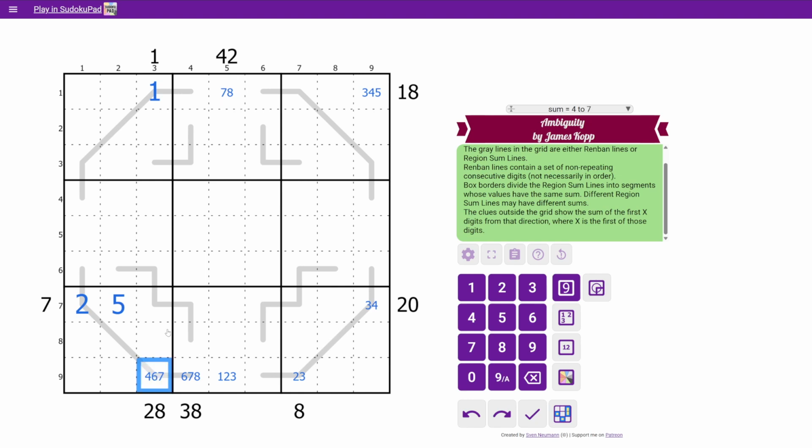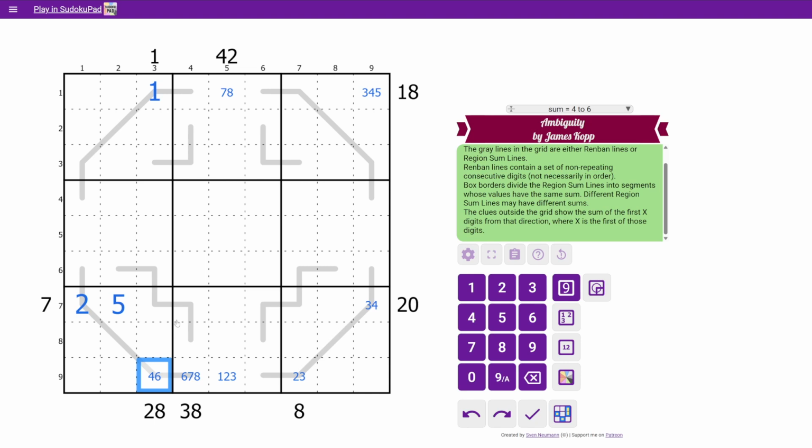If this was 7, this would be... Oh, that can't be 7 because the 1 is up there. Because 7 must be all the lowest 7 digits, 1 through 7. Can't be anything else. This is now a 4 or a 6.